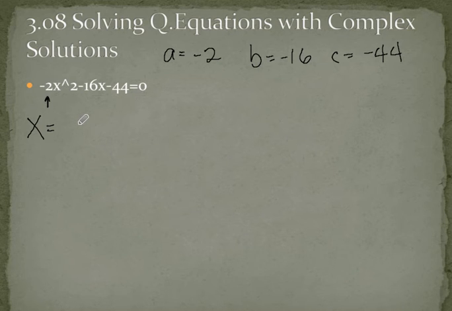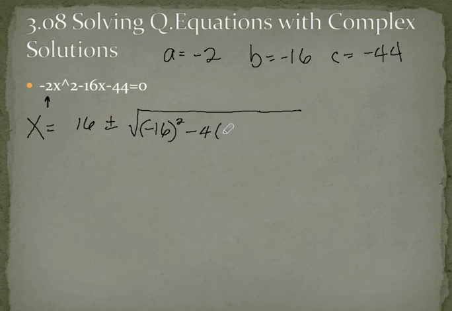That would be, since b is already negative, that means minus b would be positive 16, plus or minus the square root of b squared minus 4 times a times c, all over 2 times a, which in this case is -4.